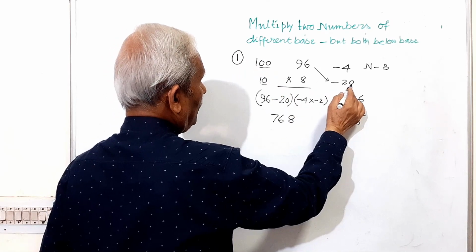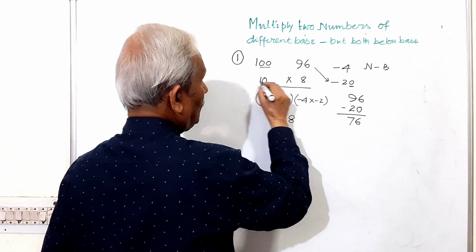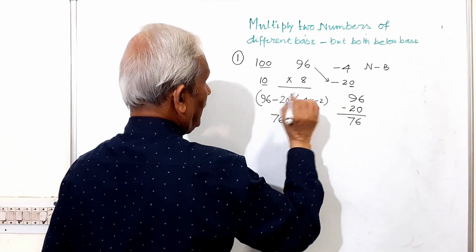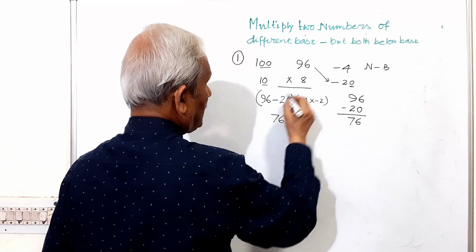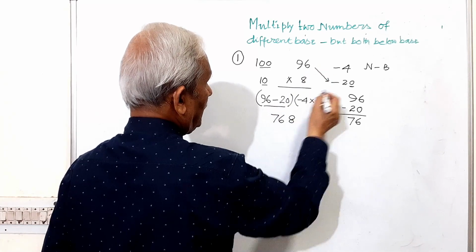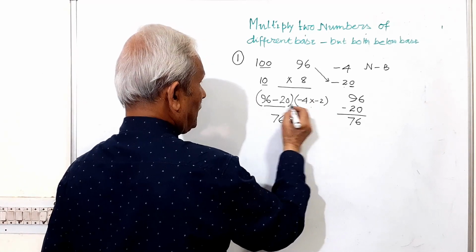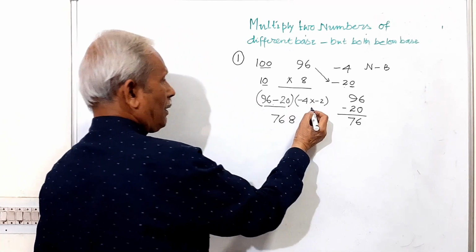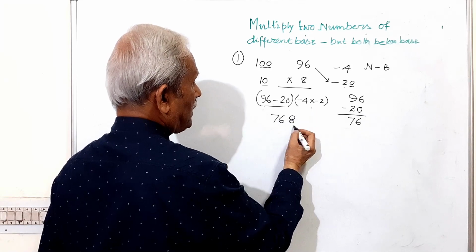So write down 1 zero with the number connected to the lower base, right? Now this number is to be reduced crosswise from 96. 96 minus 20. And then minus 4 into minus 2 is the second part of the answer. This is the first part of the answer, this is the second part. So 96 minus 20 is 76, 4 into 2 is 8, 768 is the answer.